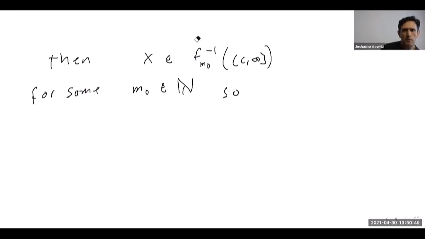Well, obviously the sup is an upper bound, so it's bigger or equal to f_m0 of x. Well, f_m0 of x is bigger than c.